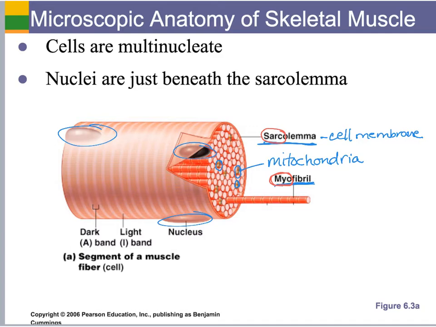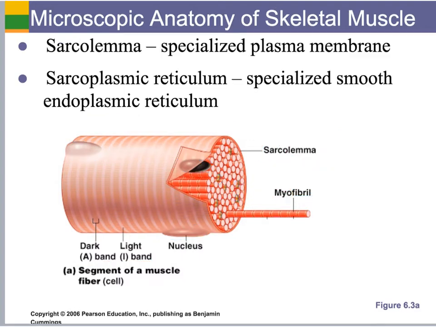Over here it talks about the dark band and the light band. We're going to get to that in a minute, but note that the dark band is also referred to as the A band, and the light band is referred to as the I band. And I always remember that the light band is the I band because the light has an I in it. So anyway, moving on.